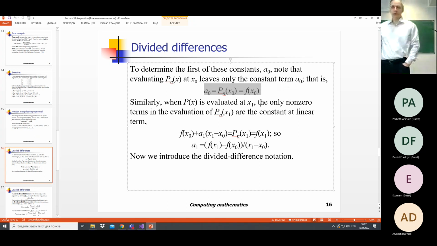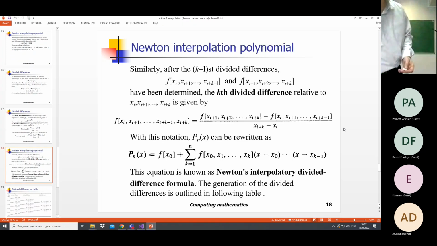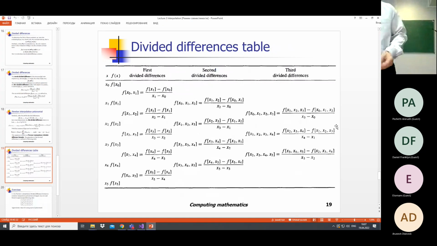Well, actually to find all of these values a0, a1, and so on, I should build a so-called divided difference table.